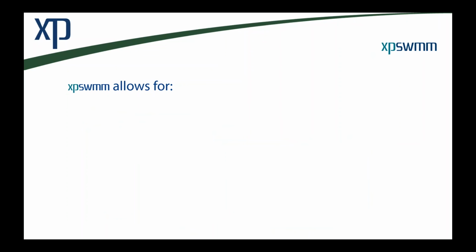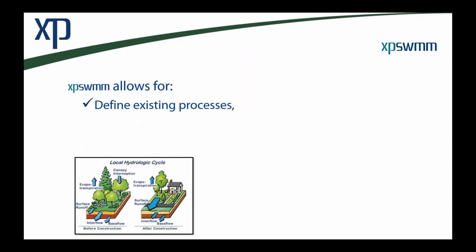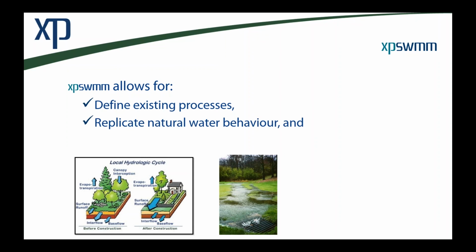So XPSWMM is going to allow for a lot of things. Defining the existing processes, be that just hydrology, maybe it's a really large regional hydrologic assessment. We can do that. Maybe it's defining, as you kind of see down below, the full hydrologic and hydraulic system that exists.